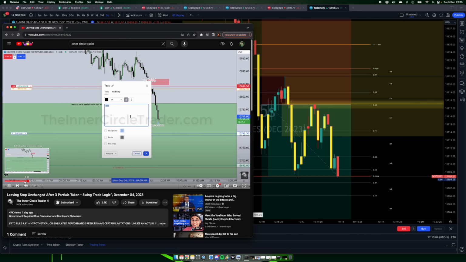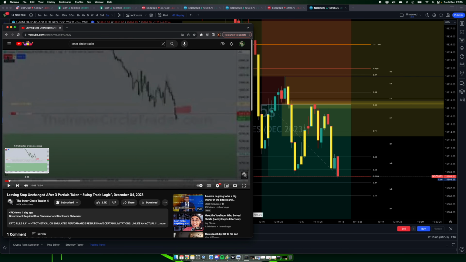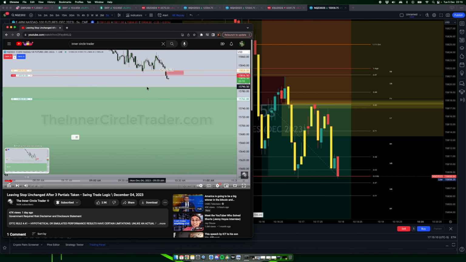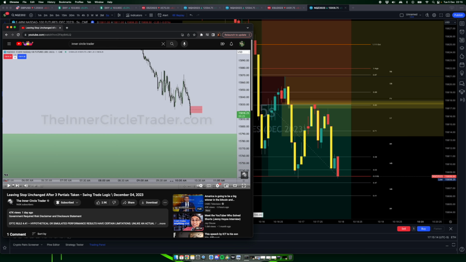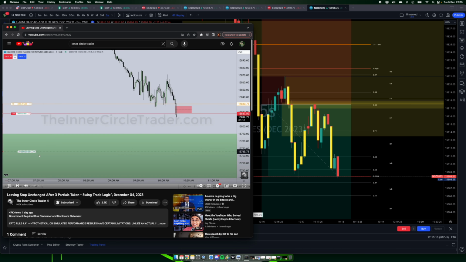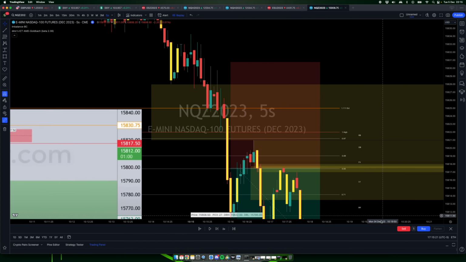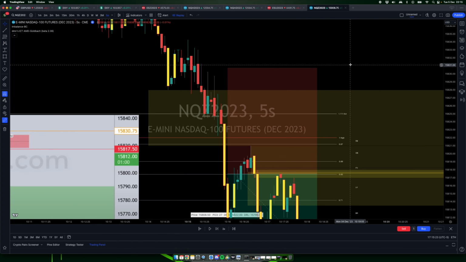His stop, let's have a look at his stop. His stop loss, 15,830. Why is he moving his stop? Let's have a look again. 15,830.75.